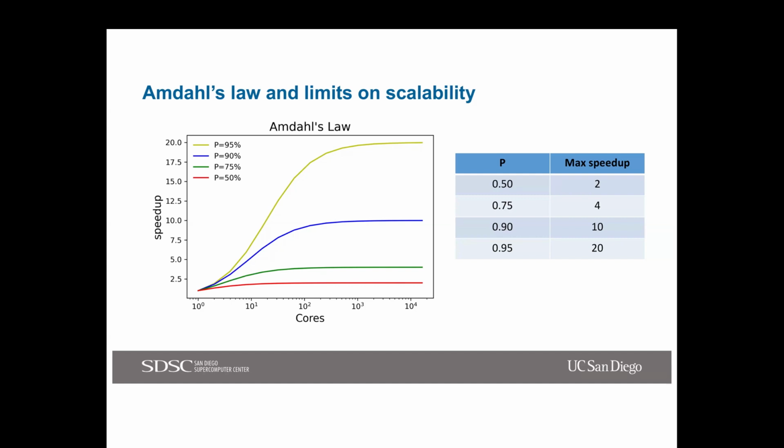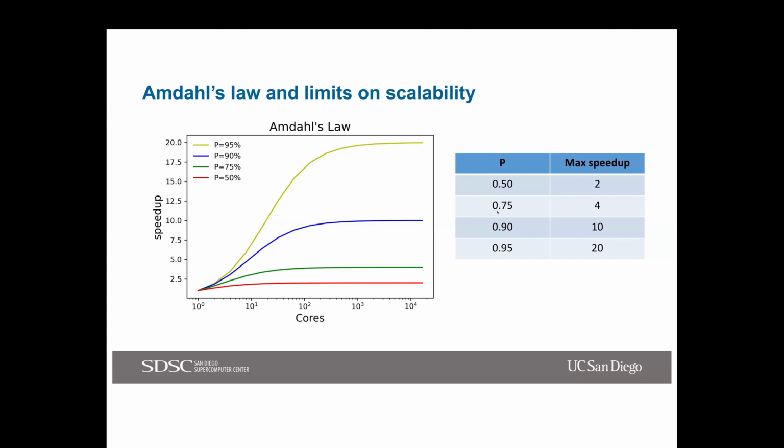But the fact that you can request that for your job doesn't mean that the application you're running will ever be able to take advantage of all of that compute power. And Amdahl's law shows here that the maximum speed up is really limited by how parallelized that application is.